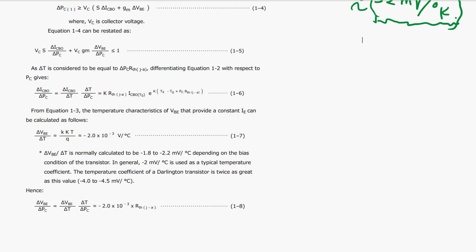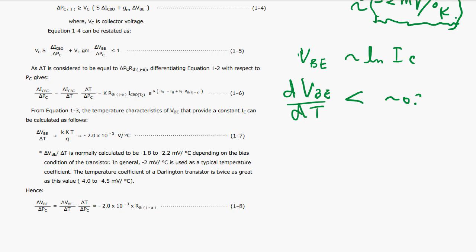One thing you have to remember in analog design: VBE is a log function of IC, and also the VBE temperature coefficient is negative, around 2 millivolts per degree.